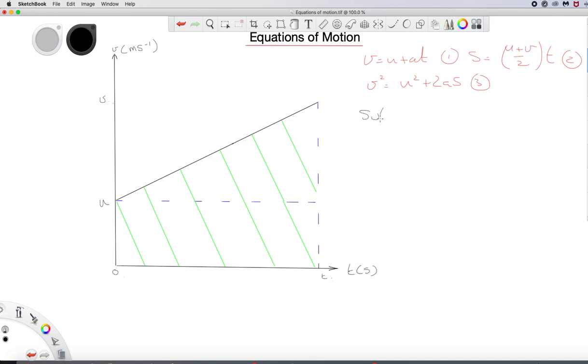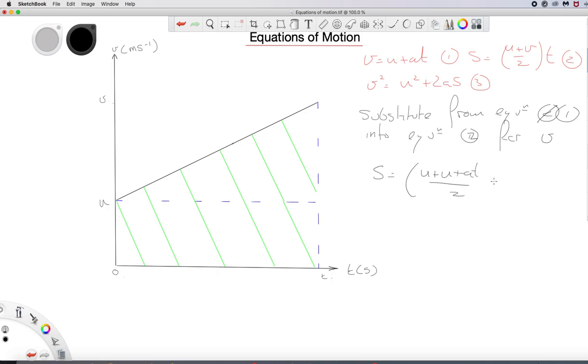If we substitute from equation 2 into equation 1 for v, substitute from equation 1 into equation 2 for v, then you have s equals u plus at over 2 times t. So let's multiply this out.